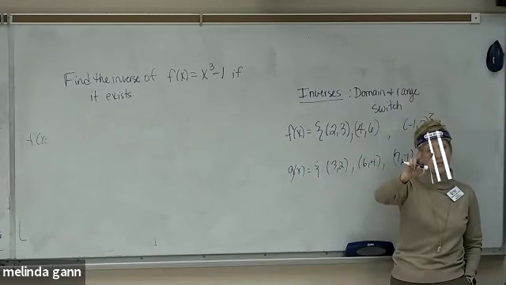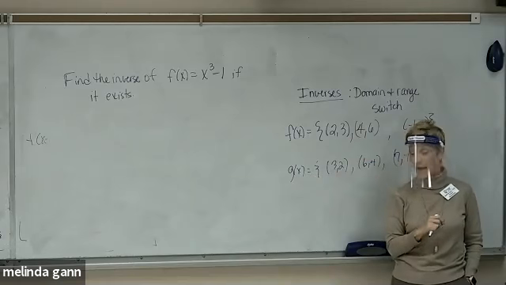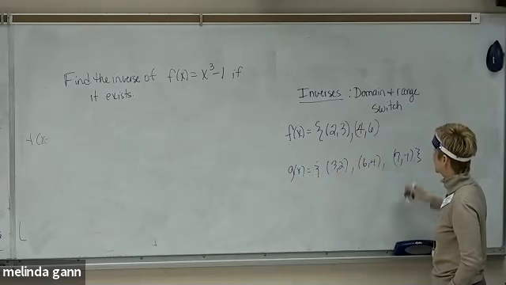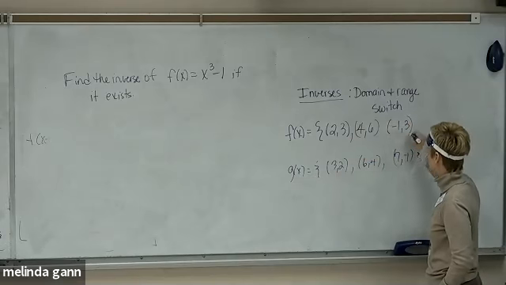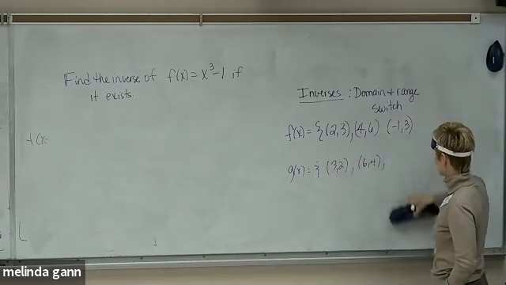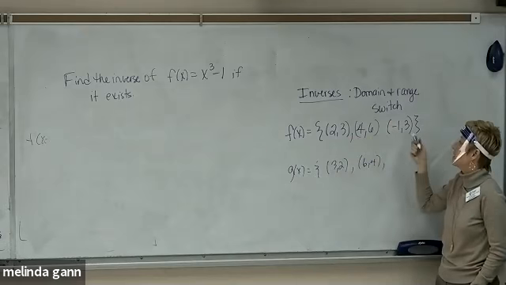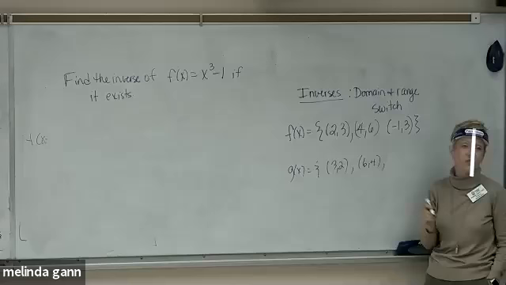So the domain and ranges do what? They flop. Now, let me ask you this. Instead of this being the point (-1, 7), what if this had been the point (-1, 3)? Is that still a function? Can you repeat the y's on a function?